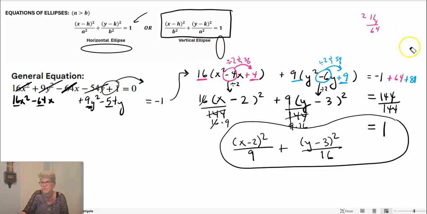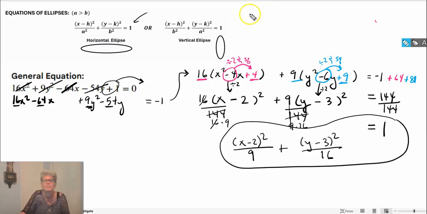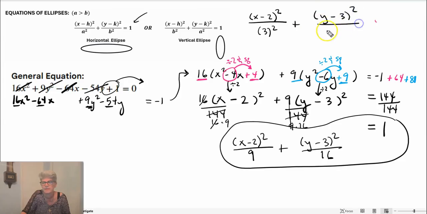All right. So what I might do now is I'm going to come up here, and I'm going to write it as x minus 2 all squared, and then instead of 9 I'm going to write 3 squared, and then instead of 16 I'm going to write 4 squared.